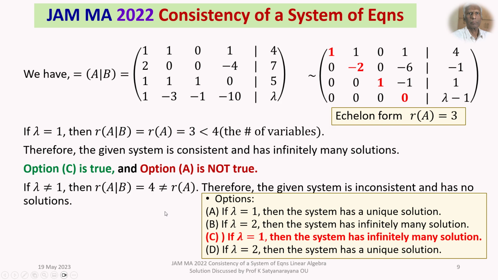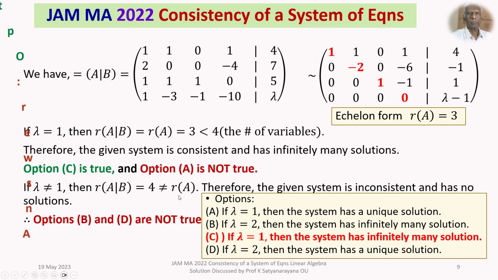Therefore, the given system is inconsistent and has no solutions. Therefore, options B and D are not true, because in options B and D we talk about the existence of solutions, whereas it is inconsistent and has no solutions when lambda is equal to 2, which is not equal to 1.